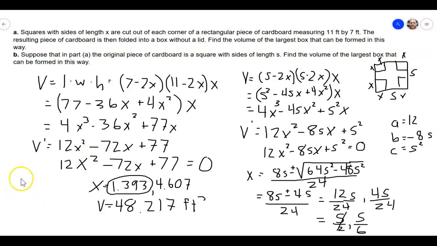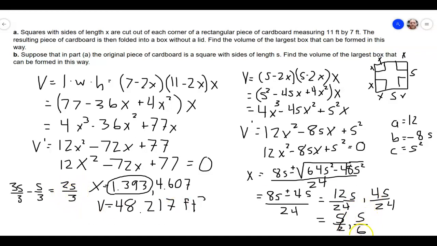So let me write this again. This is going to be 2 times x, so that's s over 6. So that's really s over 3. So we should have 3s over 3 minus, because 2 times s over 6 is s over 3, minus s over 3 is equal to 2s over 3. So that one does work.